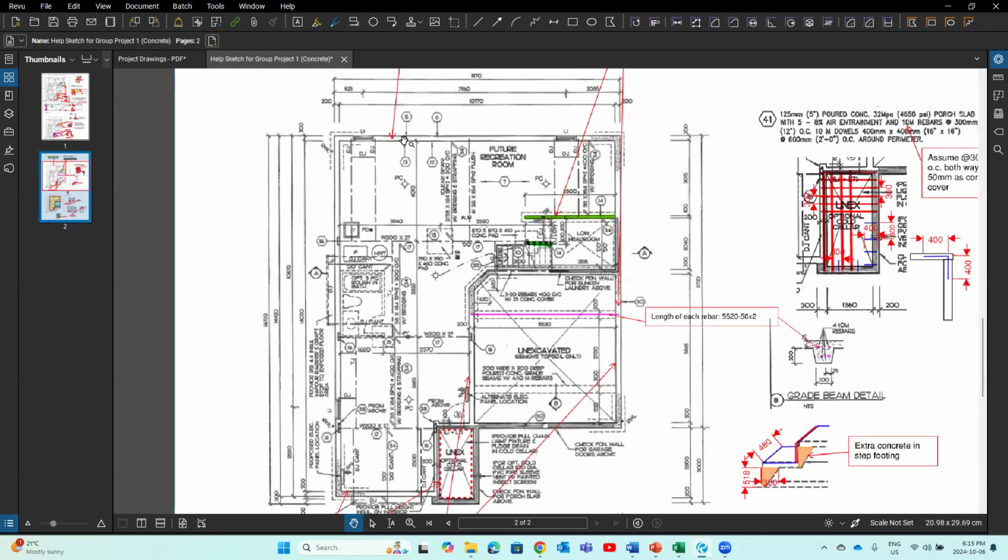But we need to pay attention to at each corner, we always have one anchor bolt this side, another one anchor bolt this side, right, at the ends. So each corner we add extra one anchor bolt. Every corner we add extra one anchor bolt, okay?